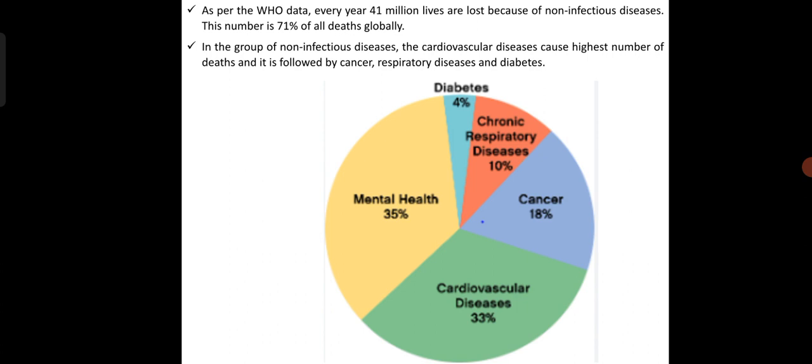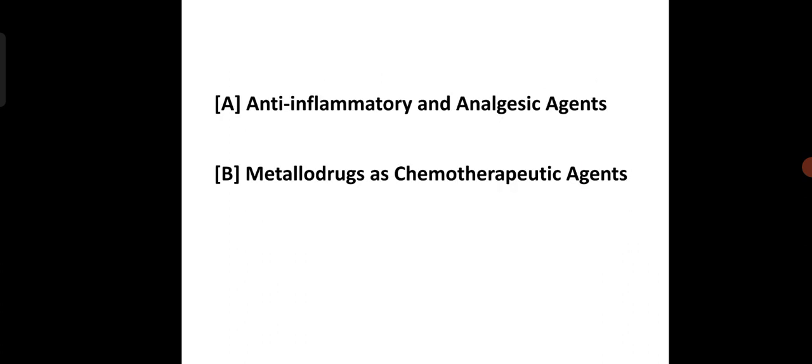So in this pie diagram, nearly 71% of deaths are due to non-infectious diseases. In non-infectious diseases, our next types are anti-inflammatory and analgesic agents, and second is metallodrugs as chemotherapeutic agents.